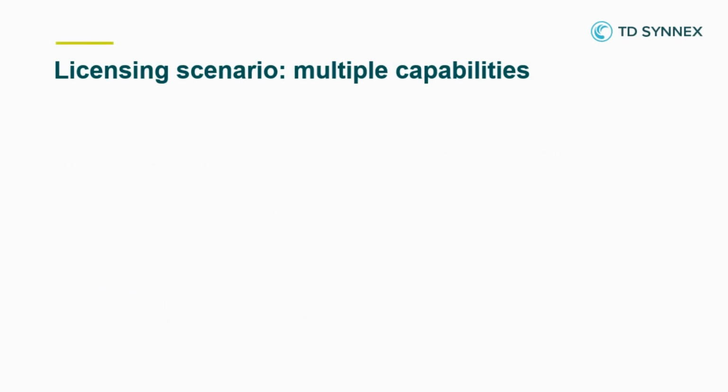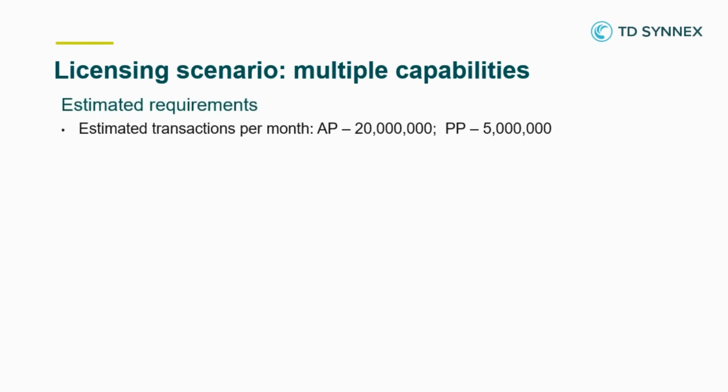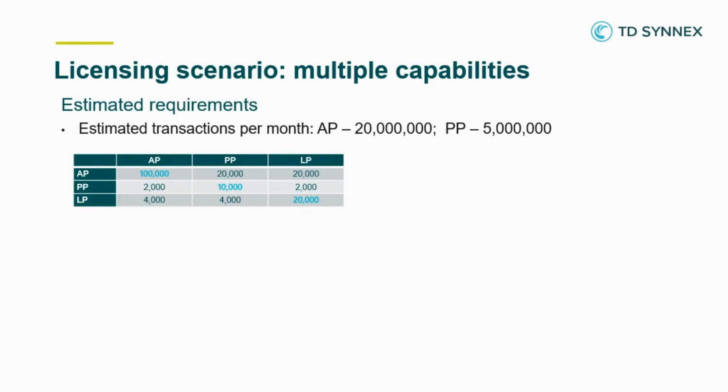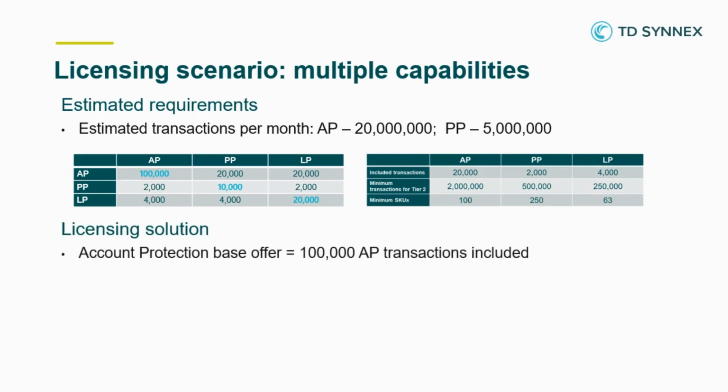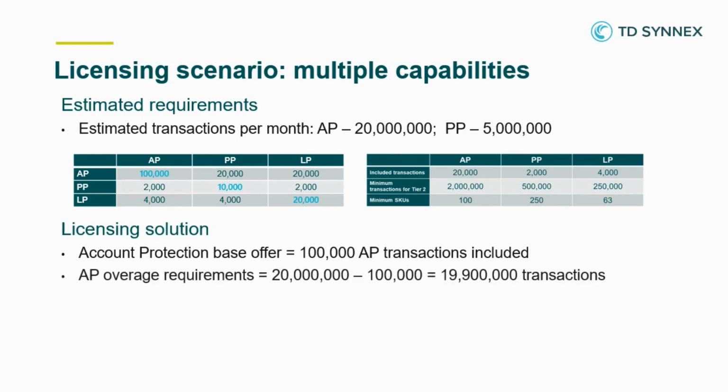So here's a reminder of the estimated requirements that we've just talked about, and the base offers table and the overage table. So to the licensing solution. The account protection base offer includes 100,000 account protection transactions. The overage required is the total of 20 million minus this figure, giving 19,900,000 transactions.